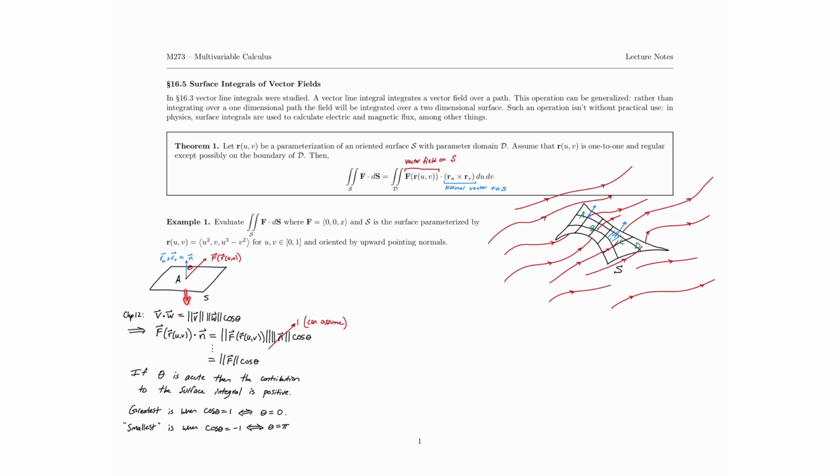Then we would subtract the strength of the vector field. And then it is 0 when, of course, theta is pi over 2. That would be when the vector field line isn't actually going through the surface from one side to the other. It's perfectly parallel to the tangent plane at the point.